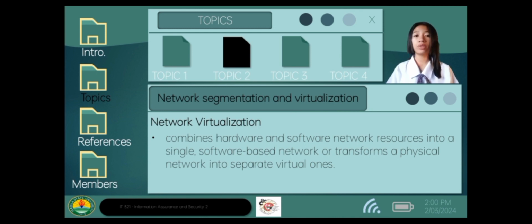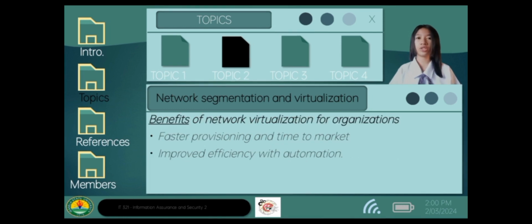Network virtualization also boosts security by letting organizations divide their networks, keeping trusted and untrusted parts separate. So let's proceed to the benefits of network virtualization for organizations. First is faster provisioning and time to market.